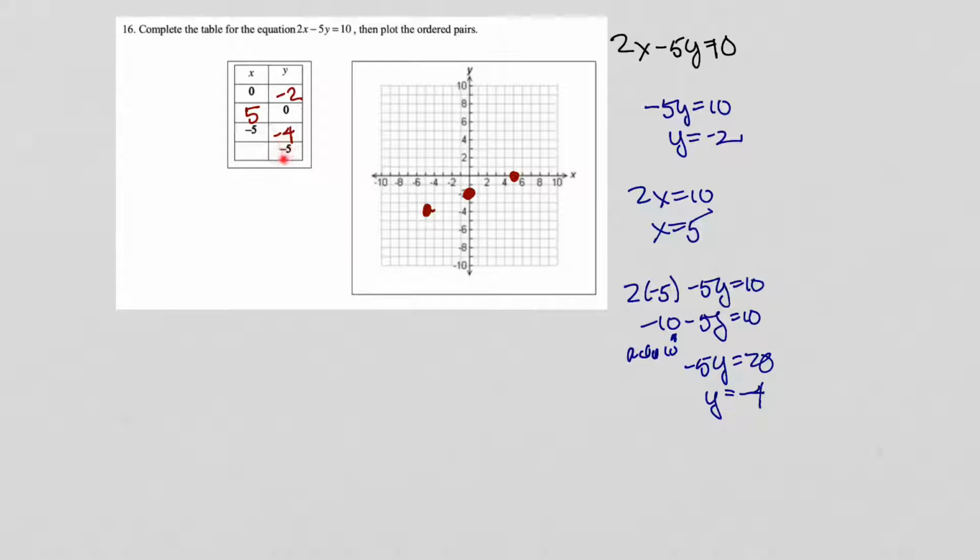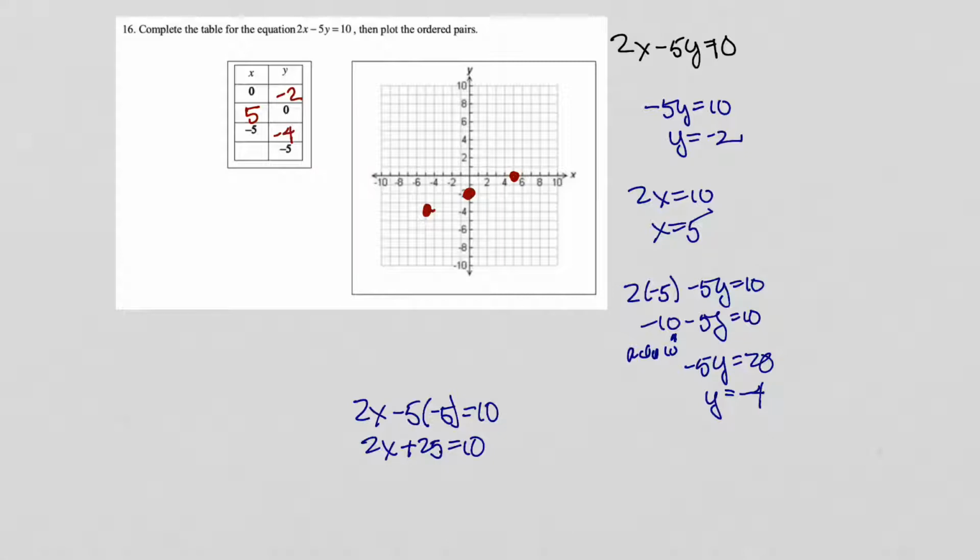And now one last point here. This is when y is -5. So when we're down 5, how far horizontally would we move? So let's put that -5 in here for y. So we will get 2x minus 5 times that -5 for y. This is equal to 10. So we'll get 2x plus 25 equals 10.